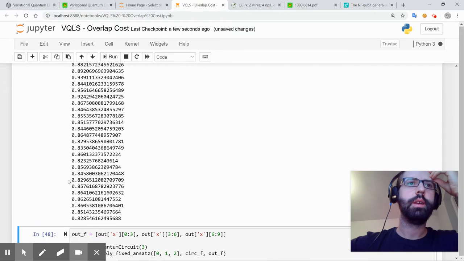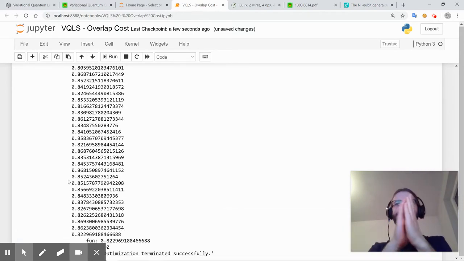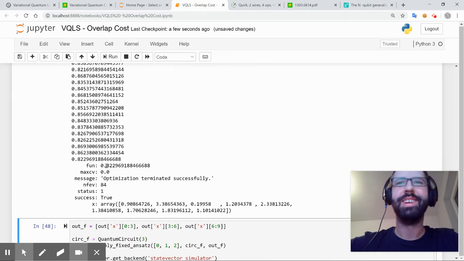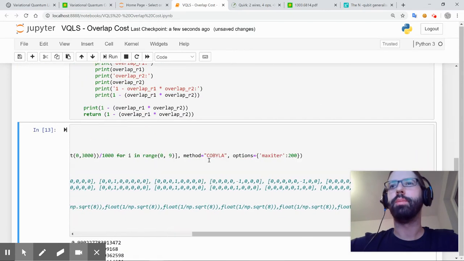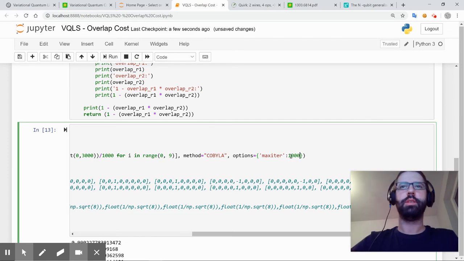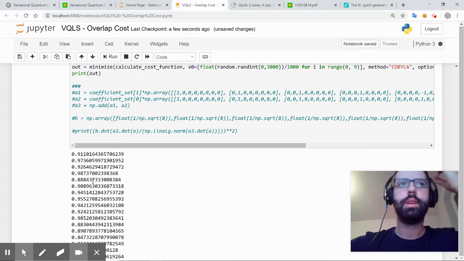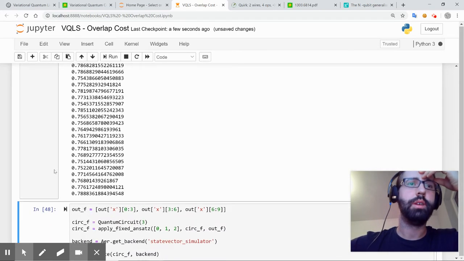Yeah. Okay. It's working. Oh, but it's pretty bad. I probably need more iterations, like 1,000. So maybe it just needs more iterations. Yeah, it's going down.